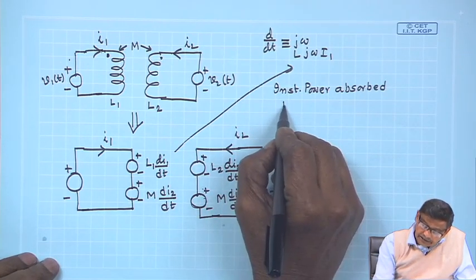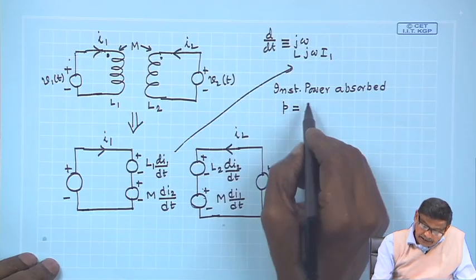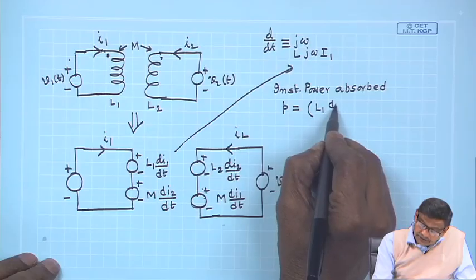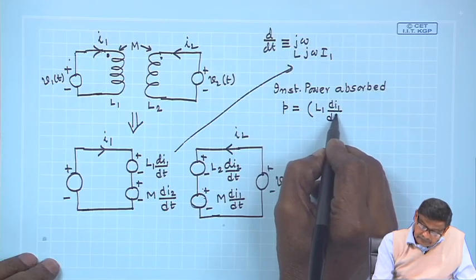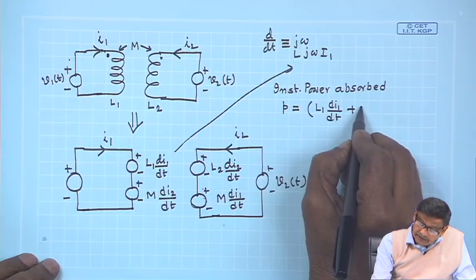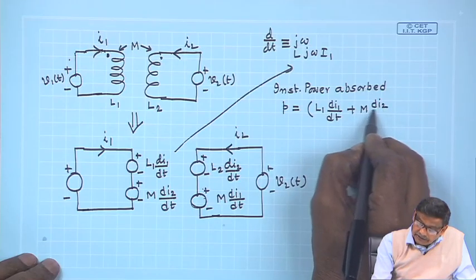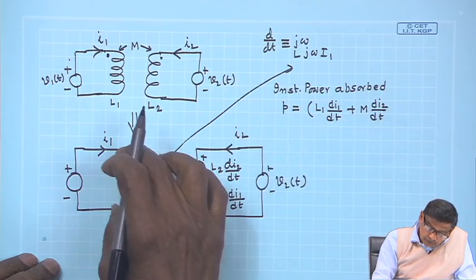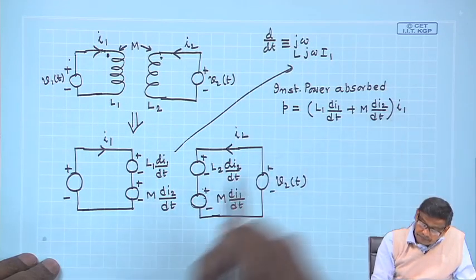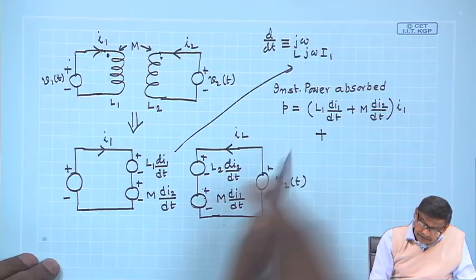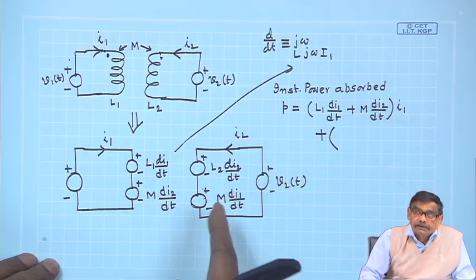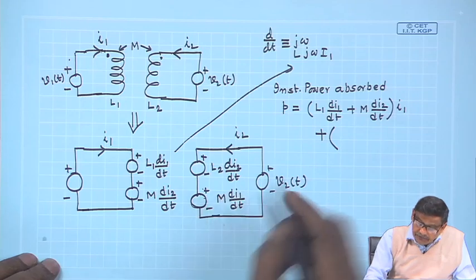So we write instantaneous power will be then the voltage across this first coil, L 1 d I 1 dt plus M d I 2 dt. This is the voltage between these 2 points, into I 1. But this one also absorbs power, so I have to also consider this coil, how much power it is absorbing.